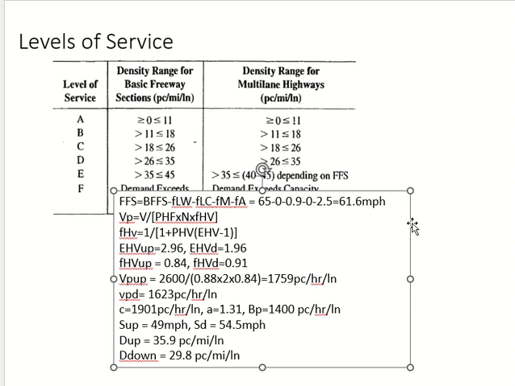This is the effect of the gradient. You can see the density is becoming higher on the upward side and the speed is getting lower, because upward, people are going slower. Makes sense?